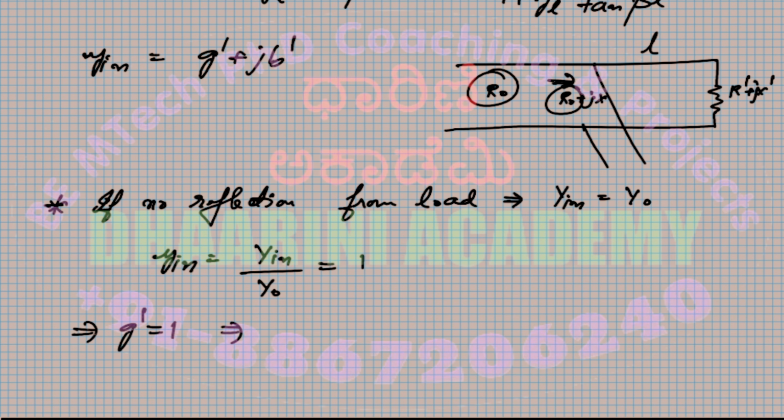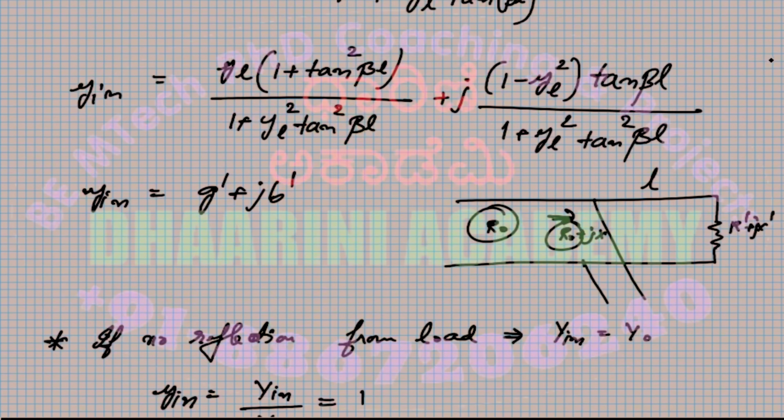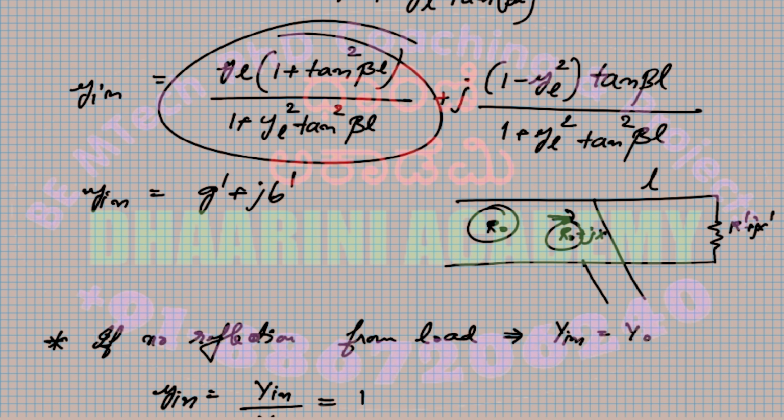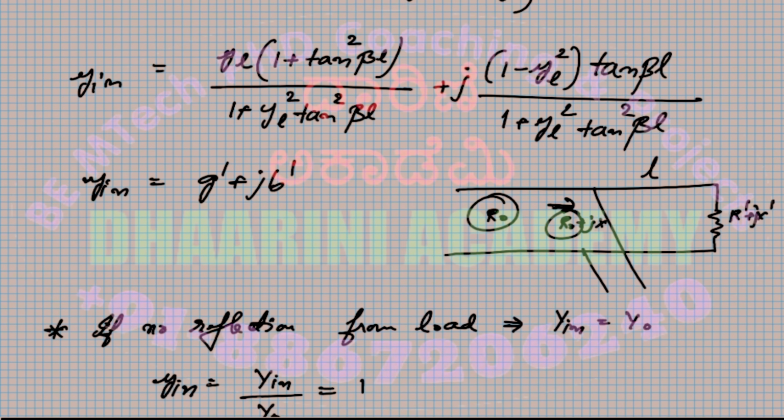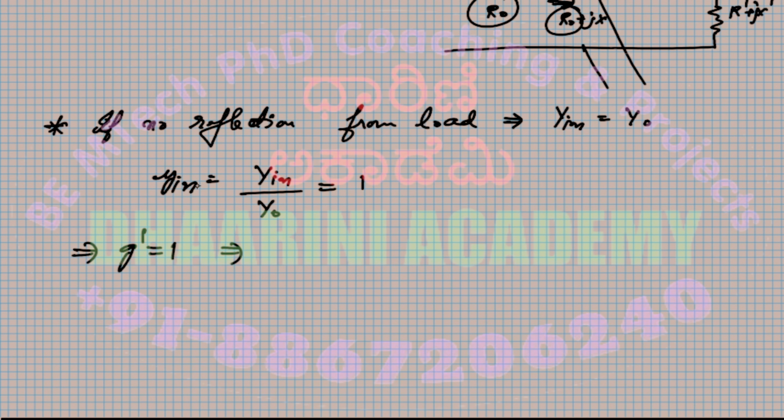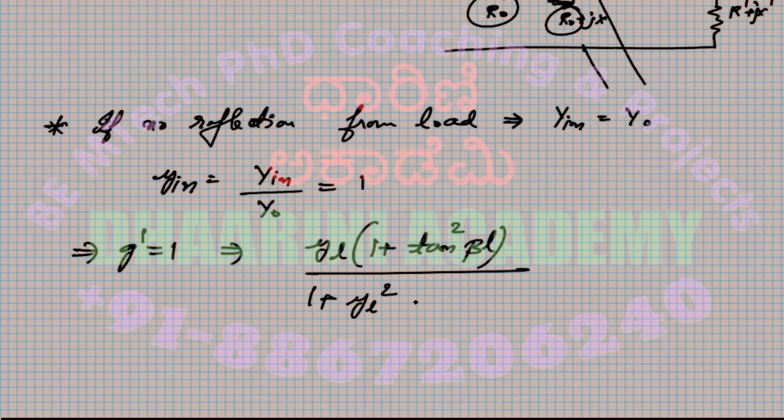So this implies the G dash should be equal to 1. So write that condition. Just look at this: YL into 1 plus tan square beta L by 1 plus YL square tan square beta L. This part I am equating to 1. Okay, let's do that. So I'll write YL into 1 plus tan square beta L all divided by 1 plus YL square tan square beta L should be equal to 1.